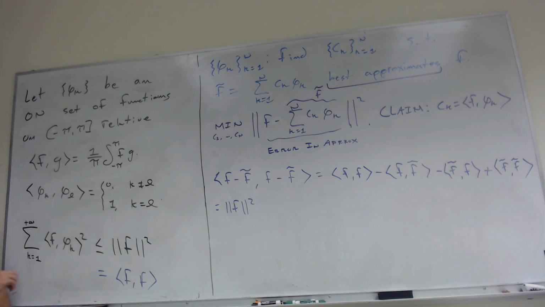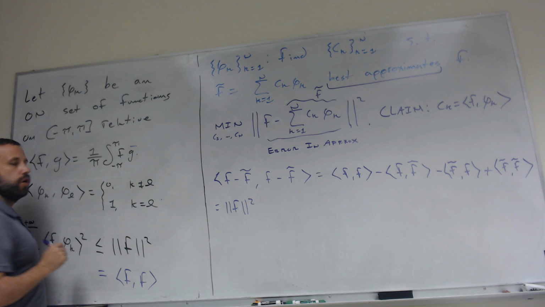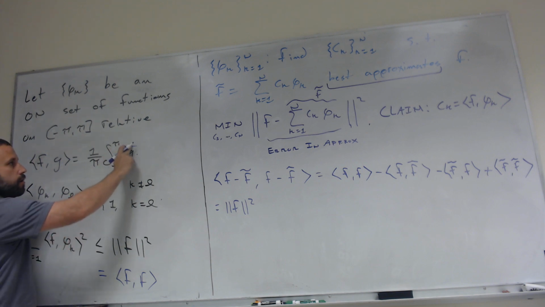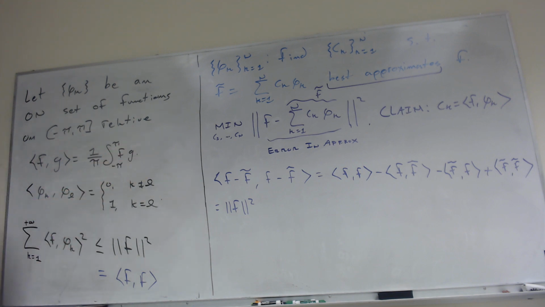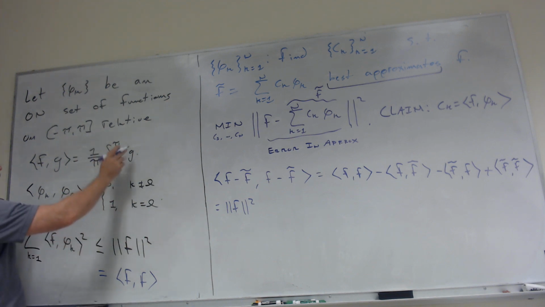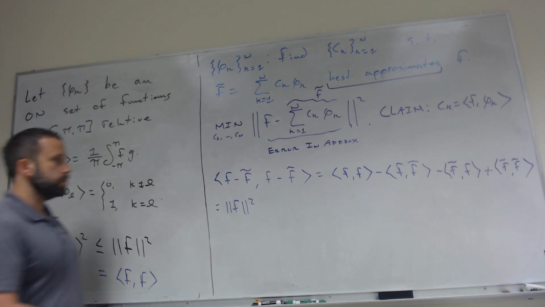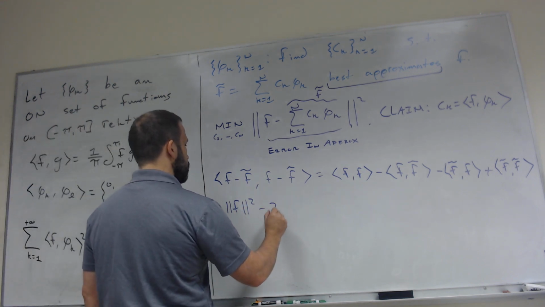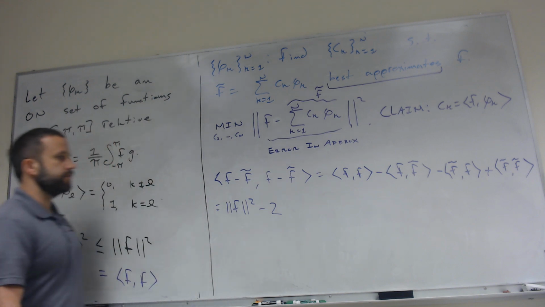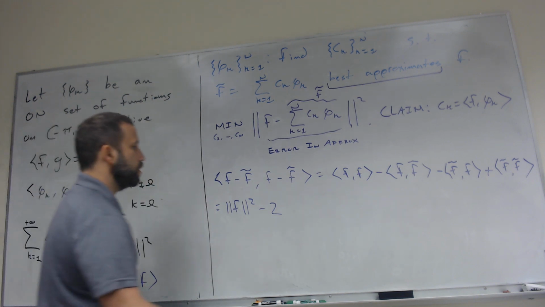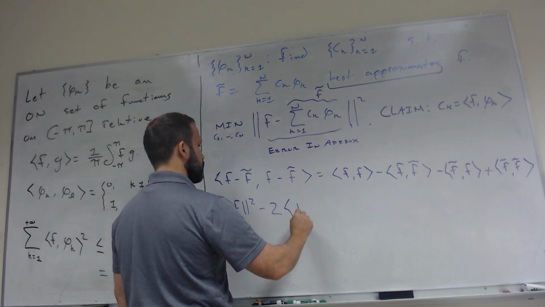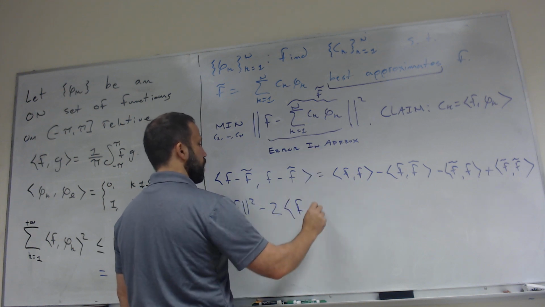Now, if we're dealing with a complex inner product, we'd have to have a conjugate there, and we'd have something similar being true. But if we're dealing with a real inner product, then the inner product of f tilde and f is equal to that of f and f tilde. So this is going to be minus 2 times the inner product of f and f tilde.